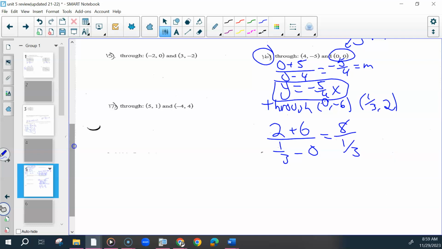You can either put that in your calculator, alpha y equals, go all the way down to the bottom and hit it again, alpha y equals. Or you can take this denominator and flip it and multiply here. What would that new slope be?